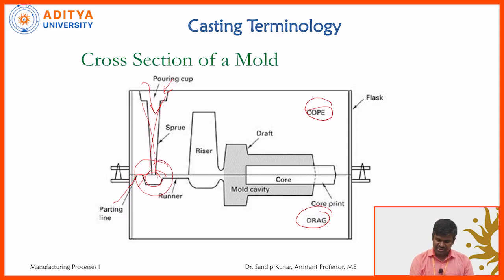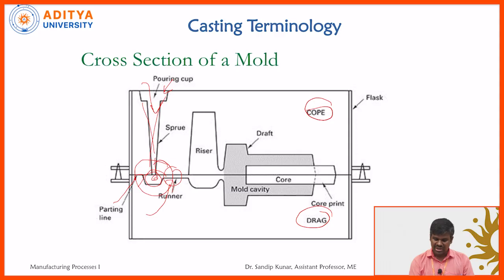The liquid deposits in the sprue well, then flows uniformly and slowly through the gating system to the mold cavity. After that, another portion is called the runner, which is the horizontal section. From the sprue well, the liquid material comes uniformly through the runner to the mold cavity.